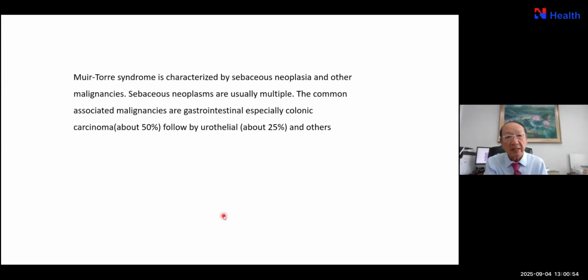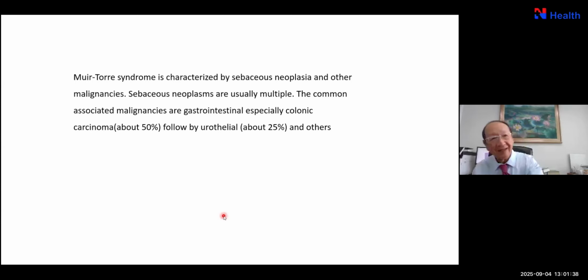The most common malignancy associated with multiple sebaceous neoplasms is colonic mucosa or other gastrointestinal, followed by urothelial and others. Just in case you see multiple sebaceous neoplasms in a patient, or if you have one biopsy before and you say, oh, this is the third time that this patient had a sebaceous neoplasm removed, you should mention to the clinician whether this patient could be Muir-Torre syndrome and whether he can be investigated for the possibility of internal malignancy.